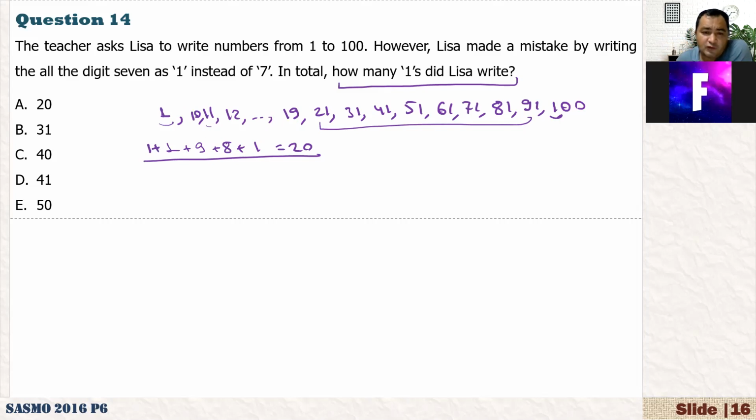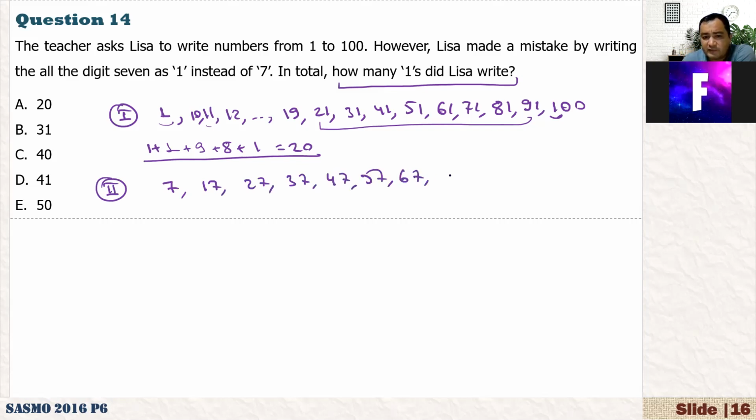But now the next one is actually instead of 7, also he wrote 1. That's the first step. Also instead of 7, he wrote 1. How many 7s did he write then? Here was 7, right? And 17, 27, 37, 47, 57, 67, and after we have 70, 71 until 79.